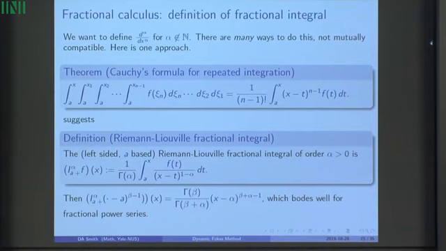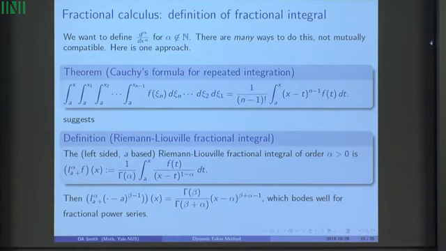We found a book, and this is what we learned. So there's lots of ways of defining fractional differential operators. Really, really lots of ways. I'm going to talk about two. Well, 1.5 ways of doing it.